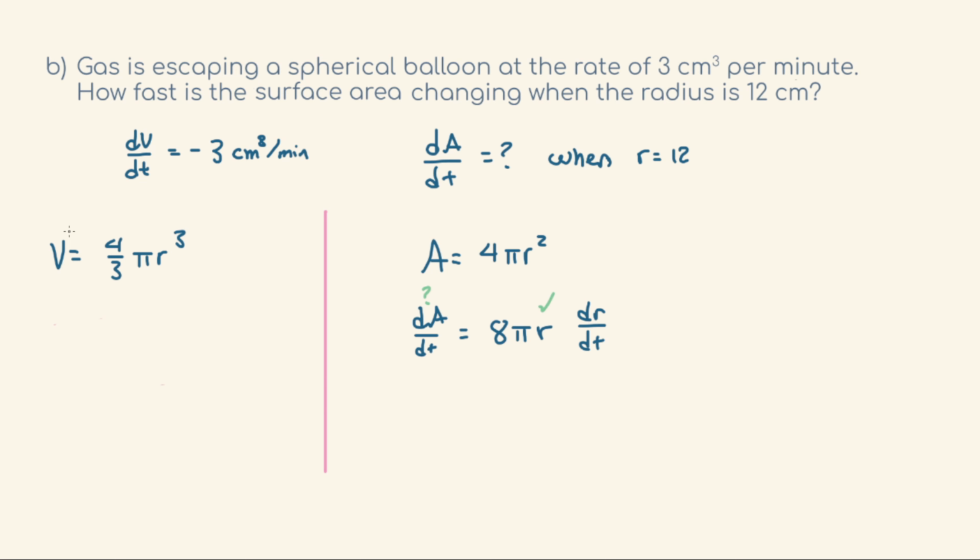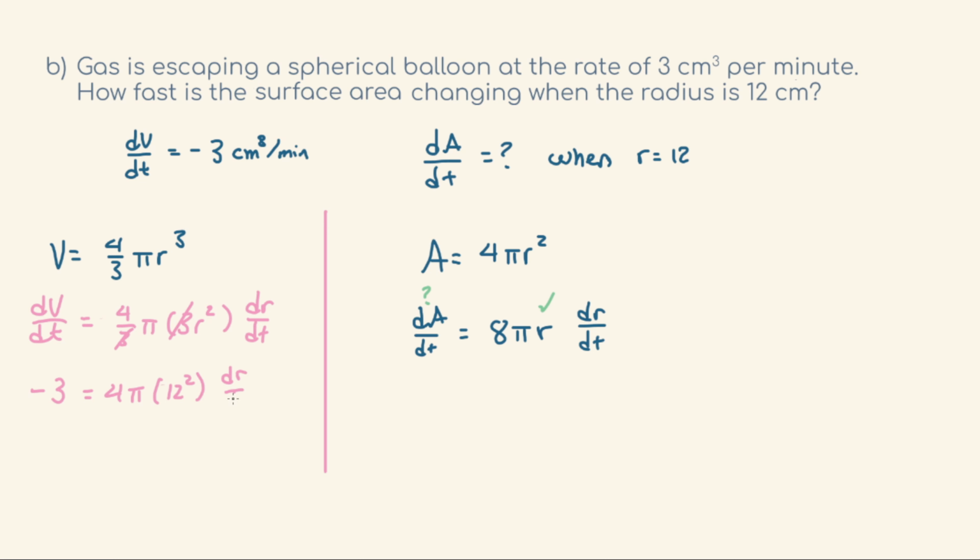and differentiate this equation. So that's going to give me dV over dt is equal to 4 over 3 pi times 3r squared times dr over dt. And once again, these 3's cancel out, and on this left-hand side here, that's negative 3, right? You've got 4 times pi times, and instead of r squared here, because we're looking for dr over dt when r equals 12, I can plug in 12 right here, okay?